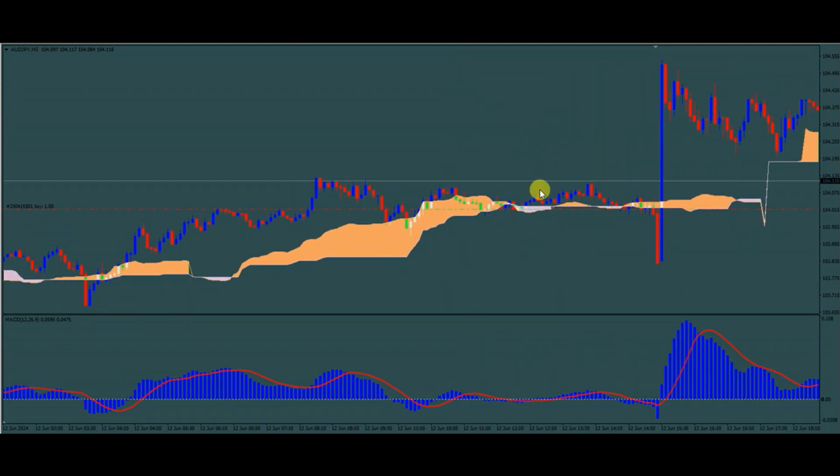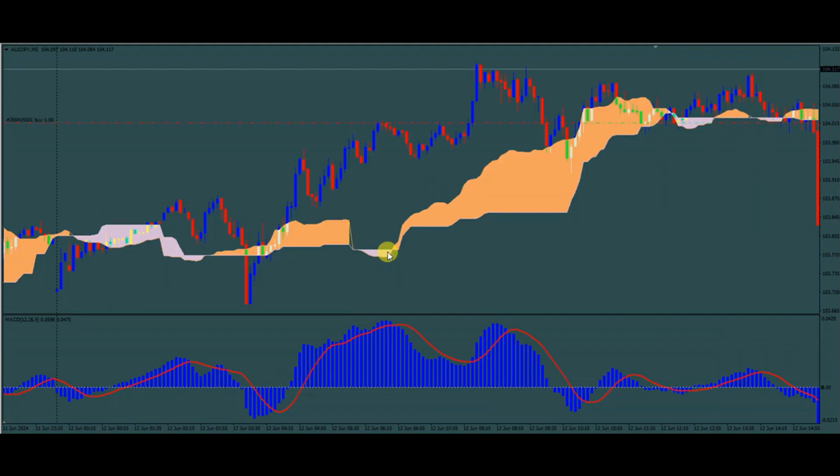Sorry, I don't want to take a profit yet on this trade because I know the trade is going to move very well. So here we see that we have the Ichimoku, which is above the zero line, and here we have the price, which is closing above the Ichimoku cloud.